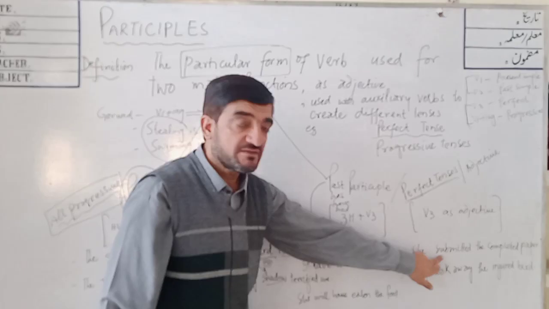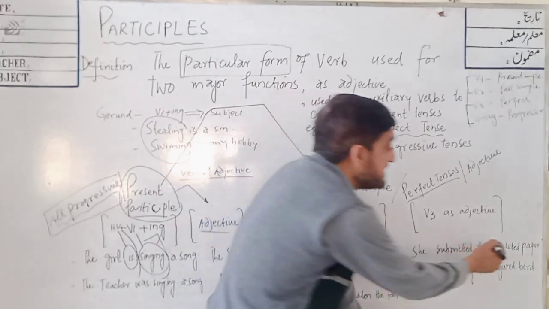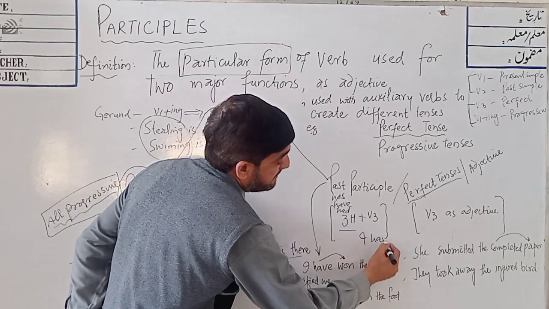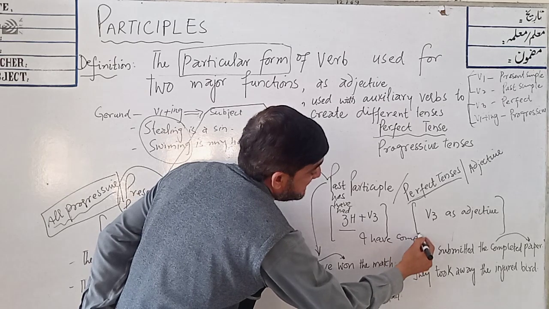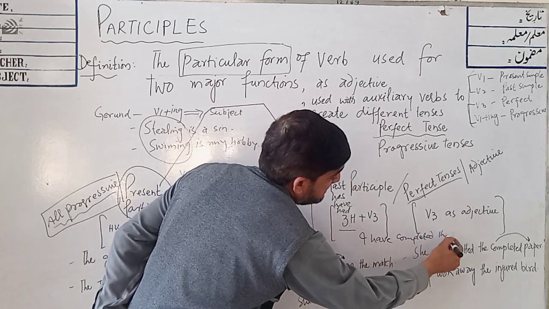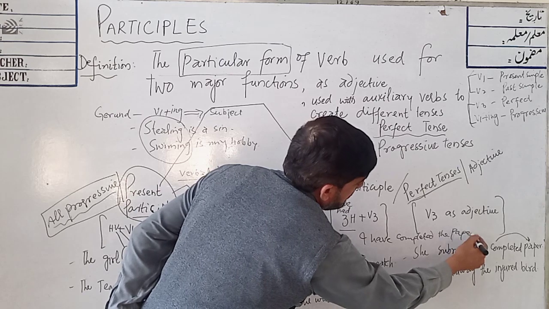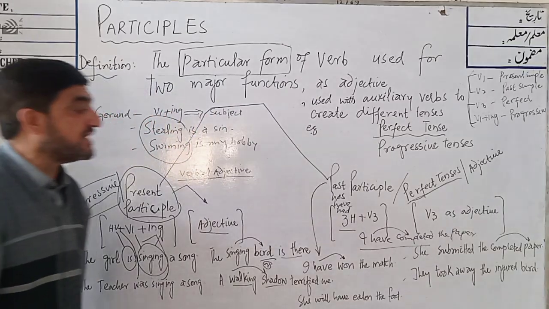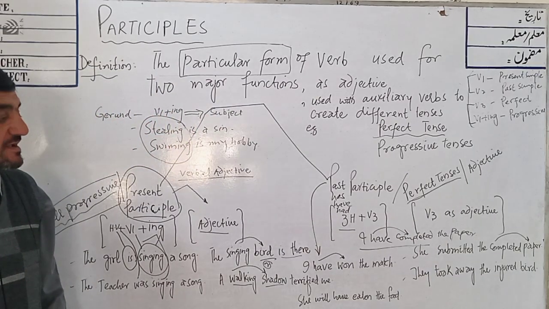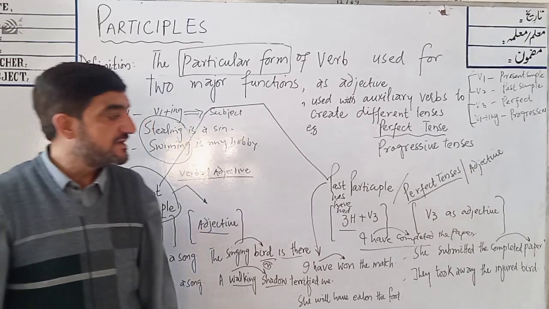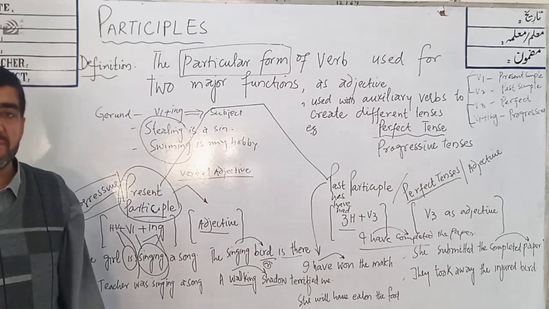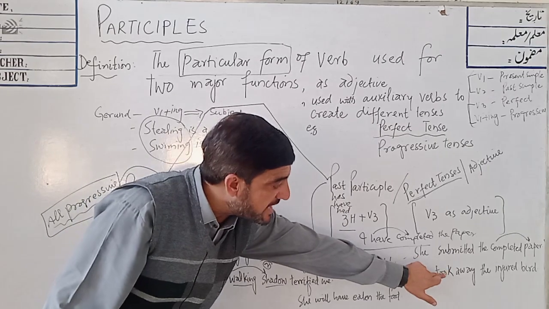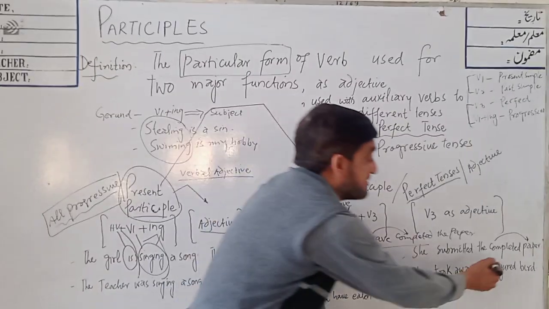She submitted the completed paper. I can also say, I have completed the paper. Now, when I say that I have completed the paper, it means that I am using it as a past participle. But when I am using completed before the noun paper, it is known as adjective. And they took away the injured bird.